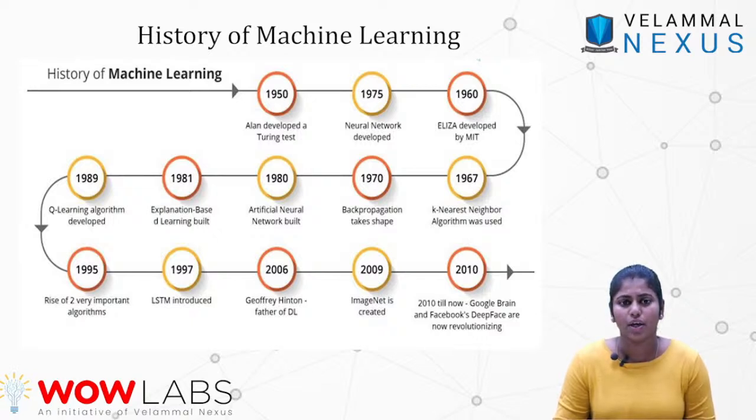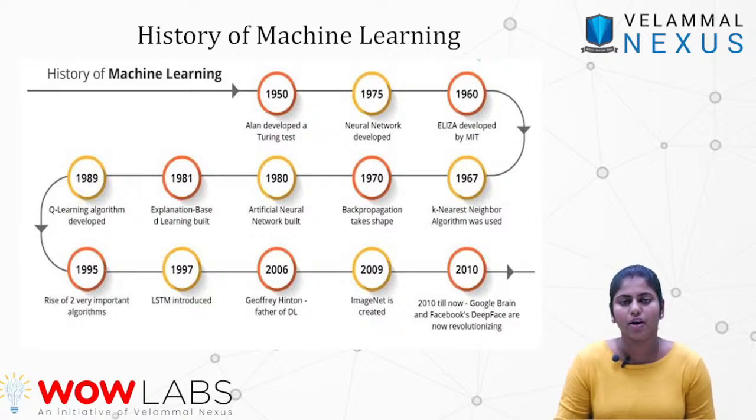Let's see what's the history in 2009. ImageNet is created, which facilitated computer vision research by giving researchers access to a vast database categorized by objects and features. It was a project initiated by Fei-Fei Li from Stanford University.